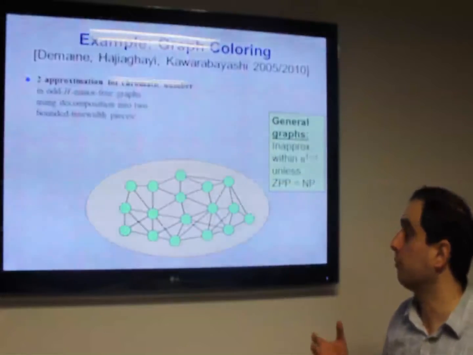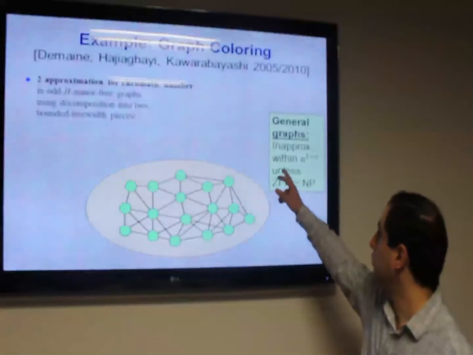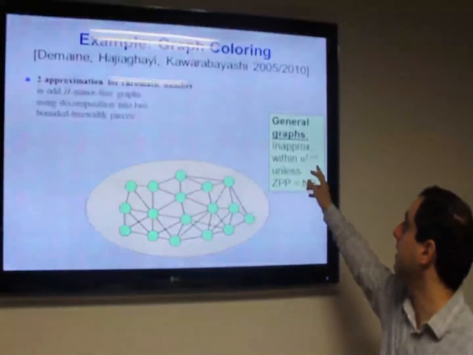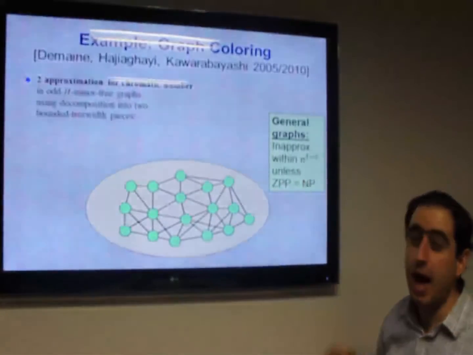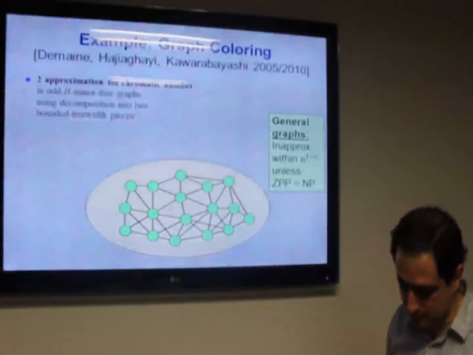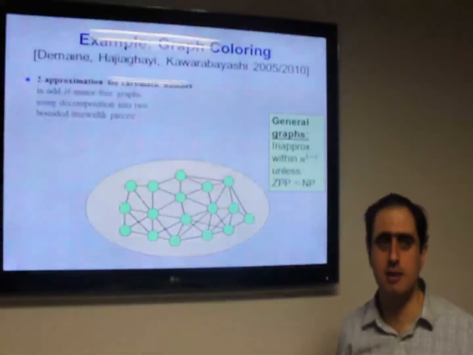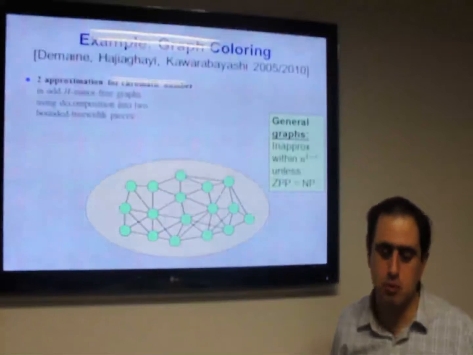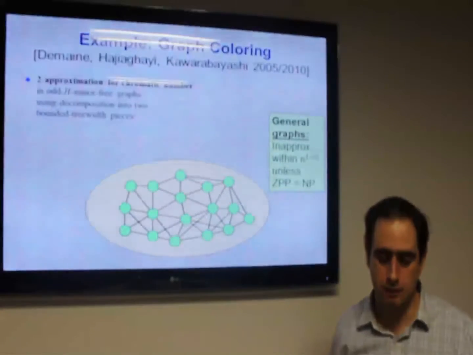It's actually a very hard problem. You can prove that you cannot get anything better than an n to the 1 minus epsilon approximation unless some complexity assumption fails. What's the meaning of that? It means that essentially you cannot get anything non-trivial for this problem.